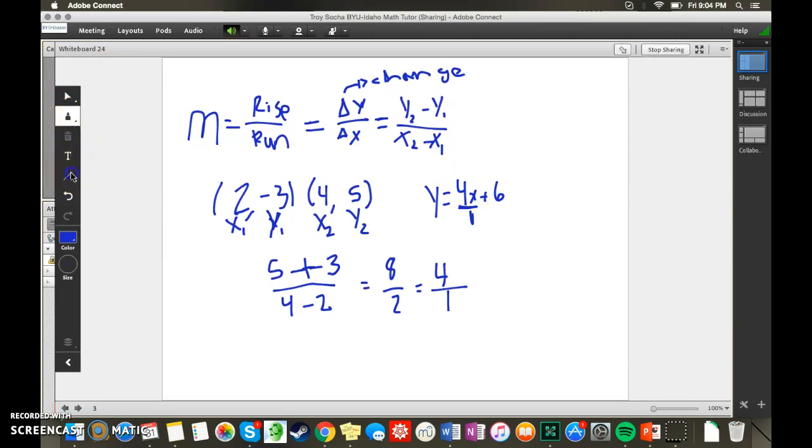So now we're going to graph this real quick to show you what that looks like. So first we're going to pick a point. I'm going to pick the point 2, negative 3.